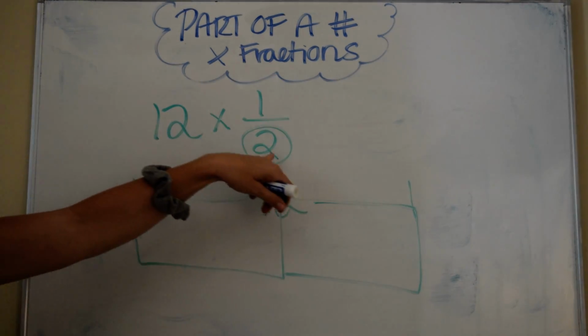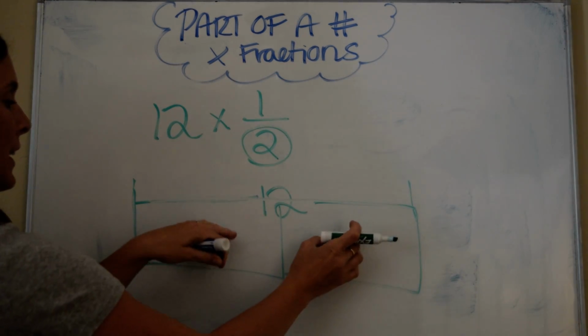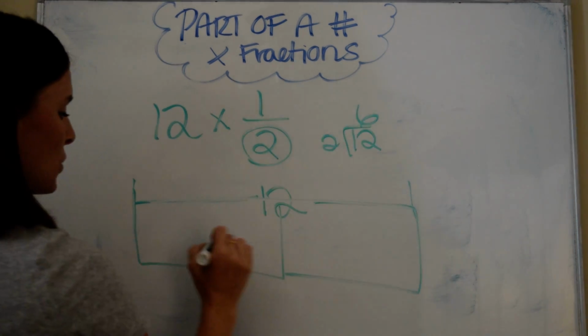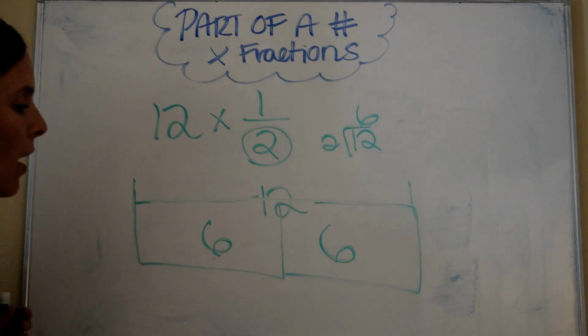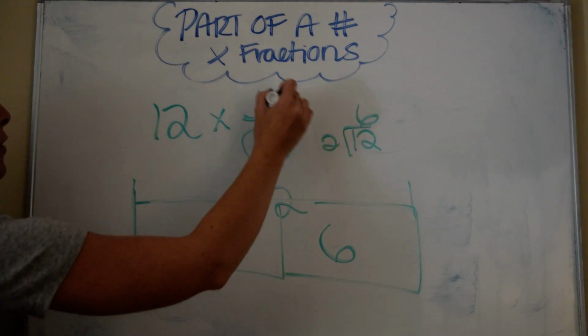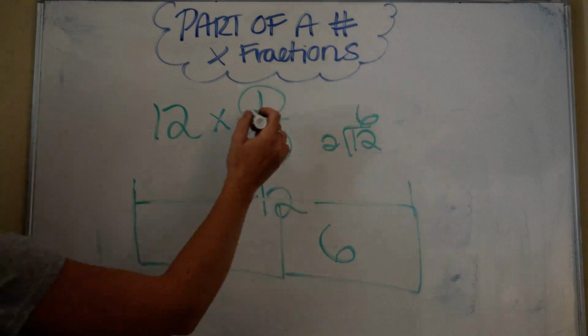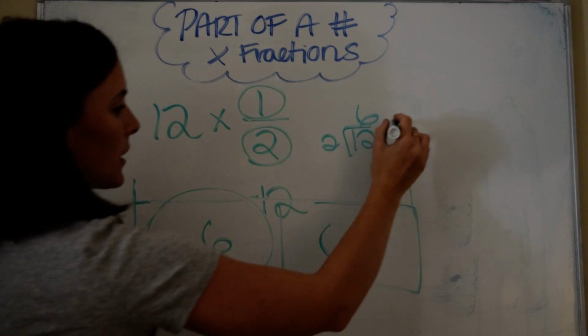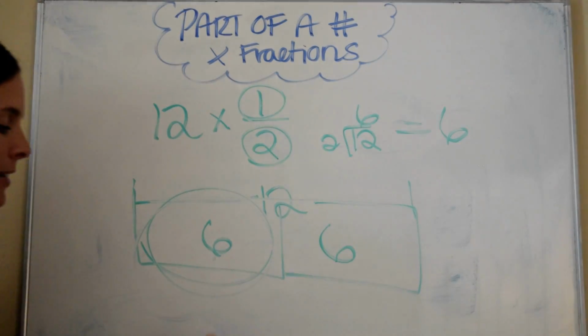Divide the 12 by the 2 to figure out how much goes in each. 12 divided by 2 is 6. So 6 is the value of each box, and the numerator tells you the value of how much we want. We want the value of one of them. So the value of one of the boxes was 6. So our answer is 6.